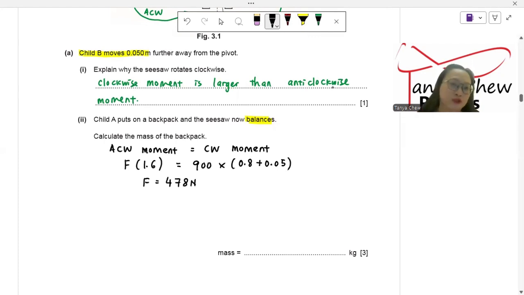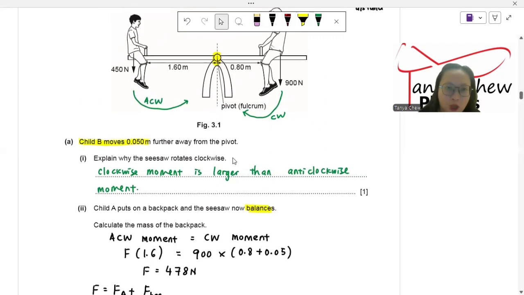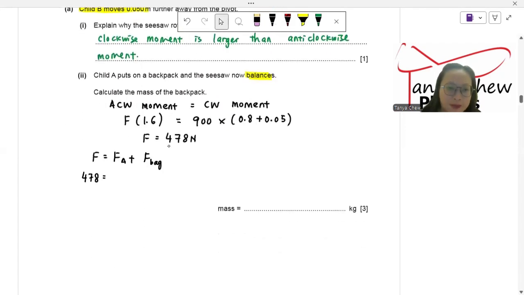But look back at the question. The question is asking for the mass of the backpack. So I know that the force that I got is the force of child A plus the force of the backpack. Now I just replace this with 478. Force of child A, which is the weight of child A, is 450 Newton, plus the force by the backpack.